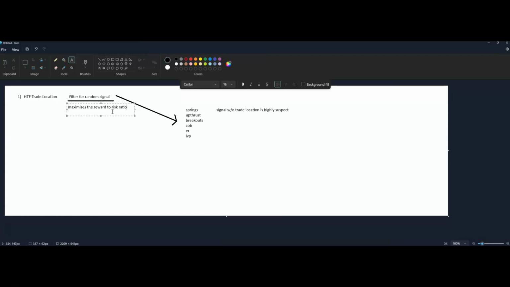I mean, you can maximize really almost every day. It could be at 5 to 1, or it could be much more than that. Typically, even more than that. So it maximizes the reward to risk ratio.